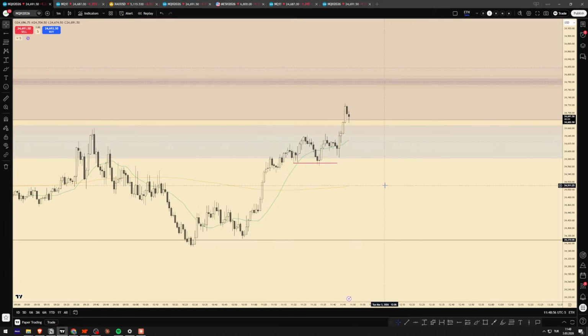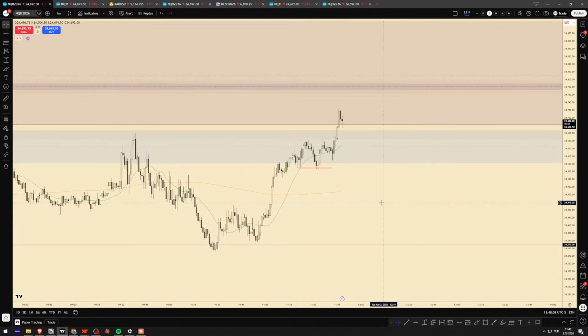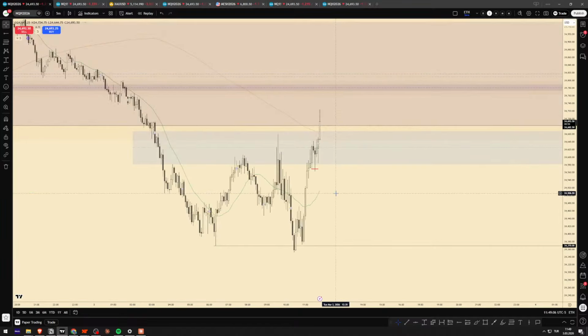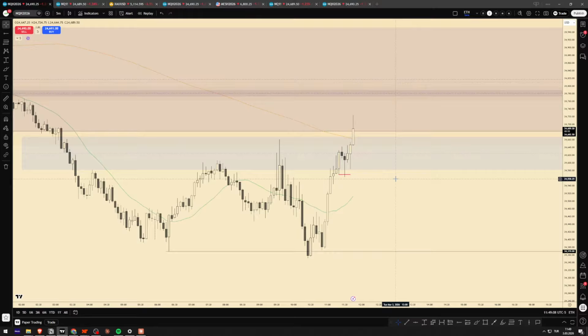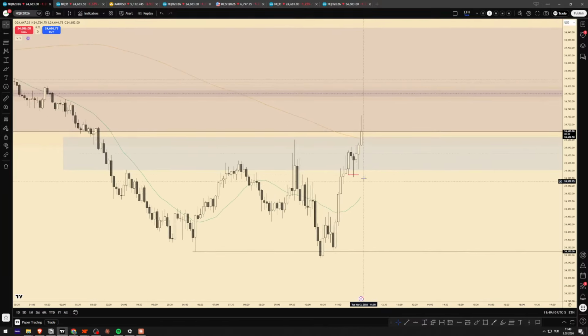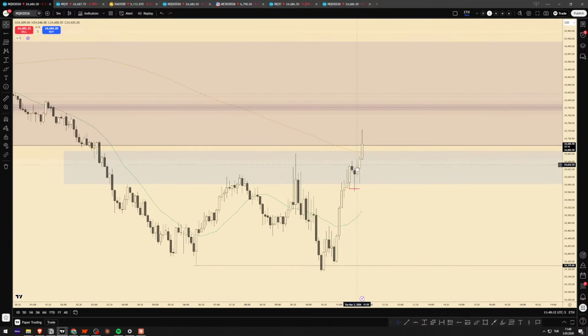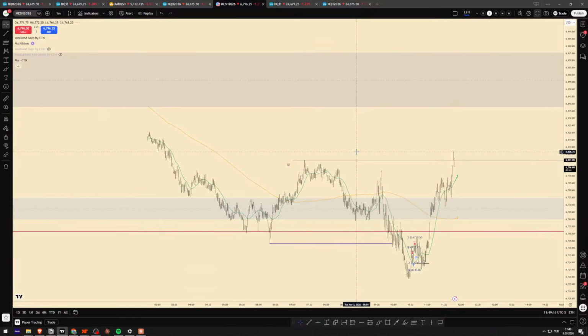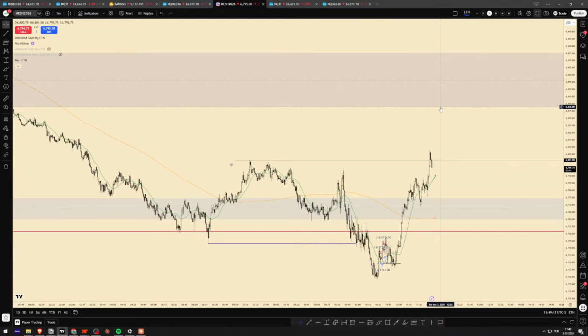I'm going to carry the position until the end of the day. If price makes some kind of erratic retracement lower towards these levels, I don't know. I don't want to see that retracement yet. I want to see price consolidating and then keep going higher, and I really want to see ES reaching this level too.